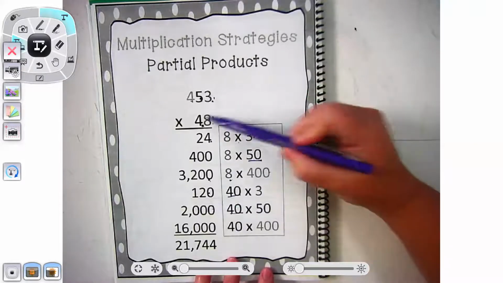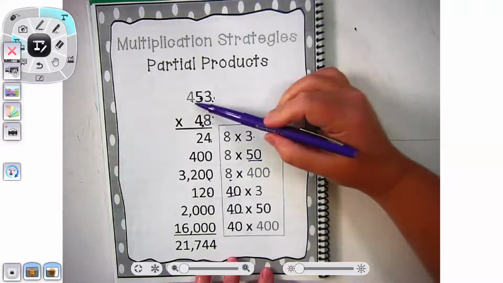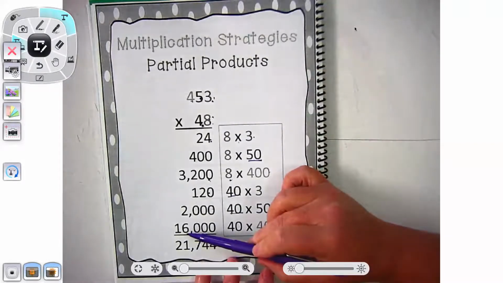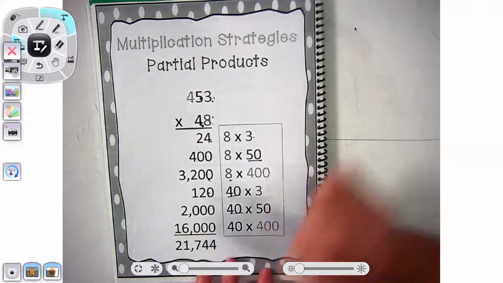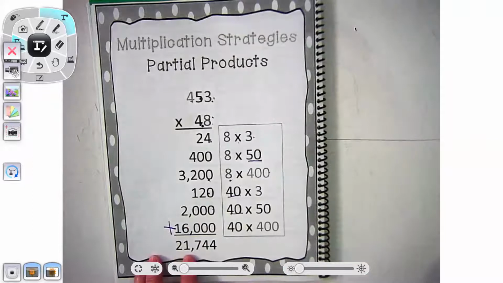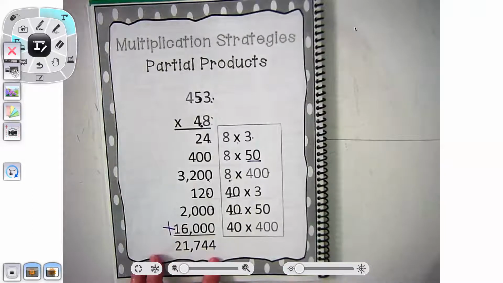Then they took 40 times 400 and got 16,000. Then when they add all of those up, they get 21,744.